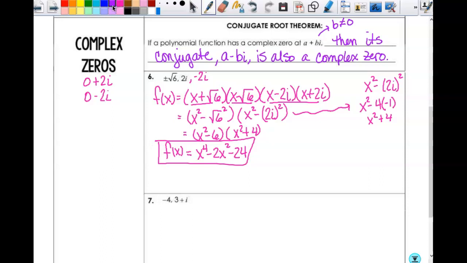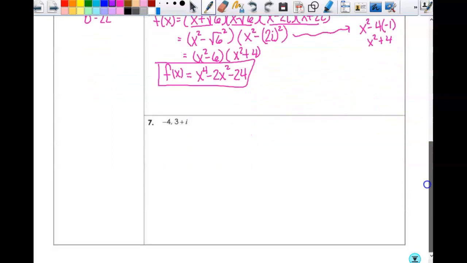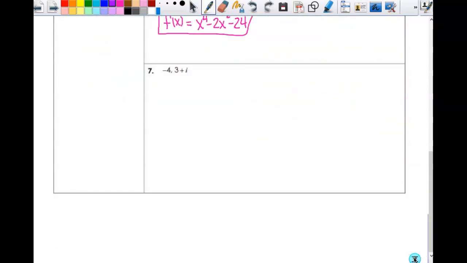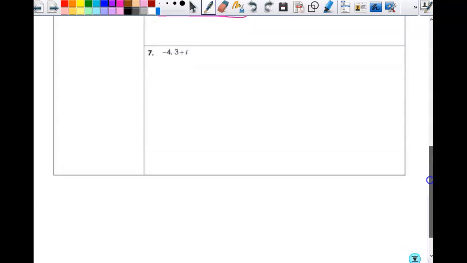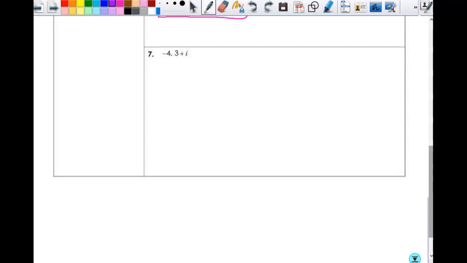Okay. Last one. Last example anyway. We've got negative 4 and 3 plus i. So negative 4, that doesn't mean positive 4 is also a 0, because it has to be an imaginary root to get your conjugate on there, because b can't be 0. But if I have 3 plus i, then 3 minus i is also a 0.